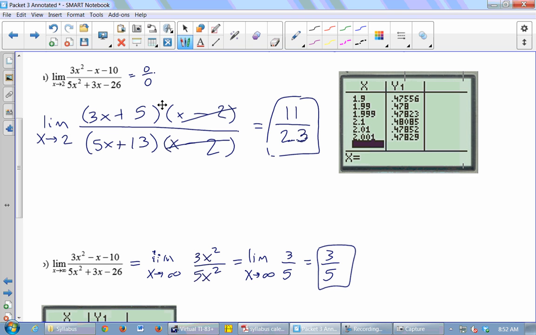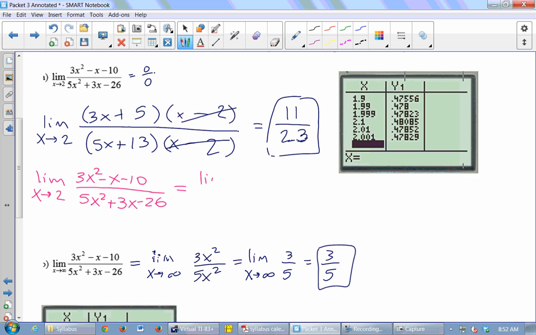So how can you determine the rate of change of a function? Its derivative, yeah. So we can use the derivative as the rate of change. So I can say, well, the limit as x approaches 2 of 3x squared minus x minus 10 over 5x squared plus 3x minus 26.